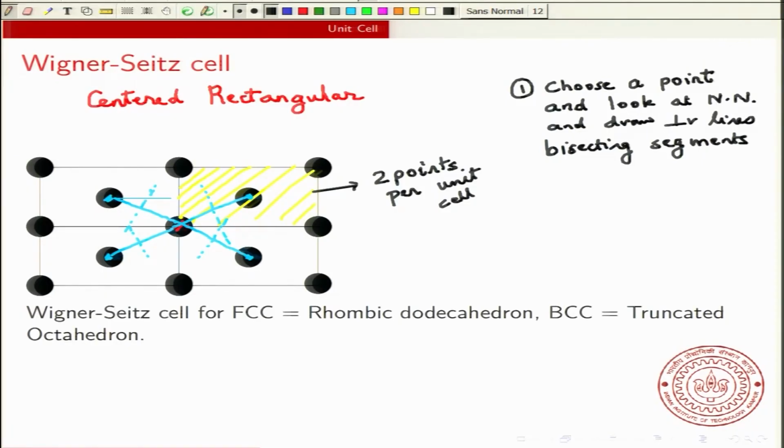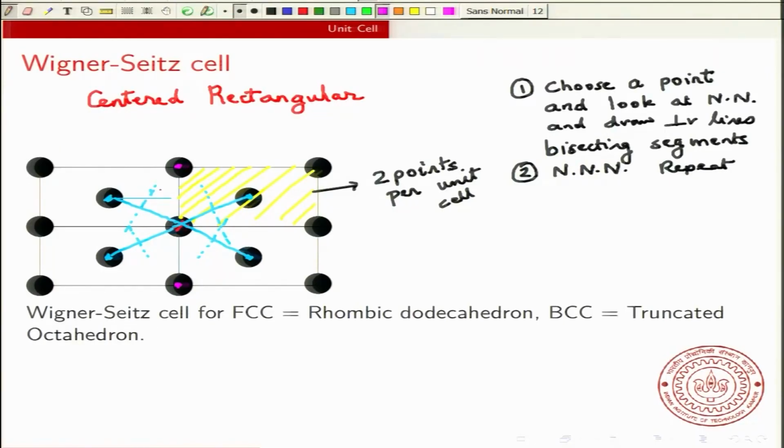Next, what do we do? Next, you consider next to nearest neighbors and repeat. In this case, let me mark the next to nearest neighbors. I will choose a different color. So, the next to nearest neighbors are this and this. These two are the next to nearest neighbors.